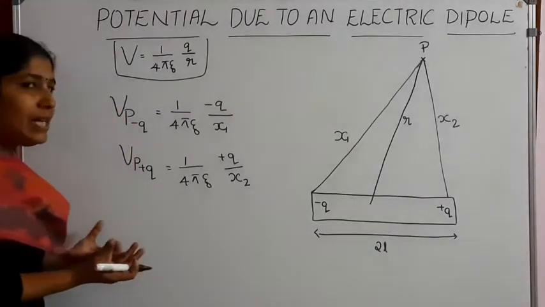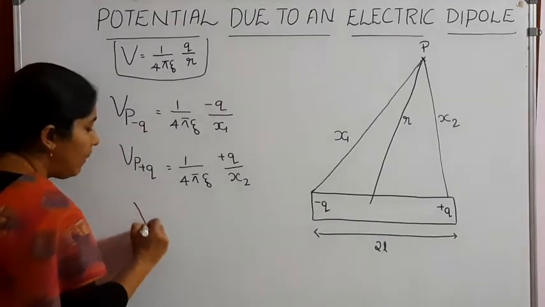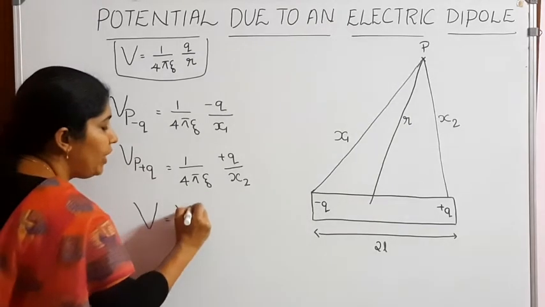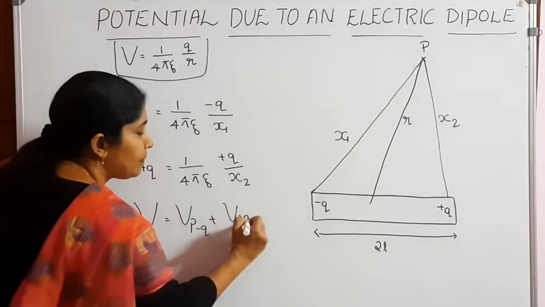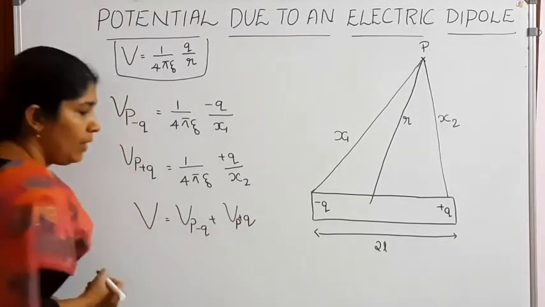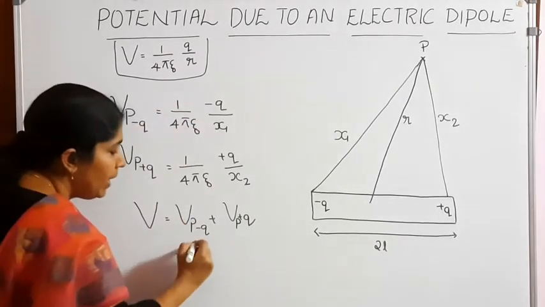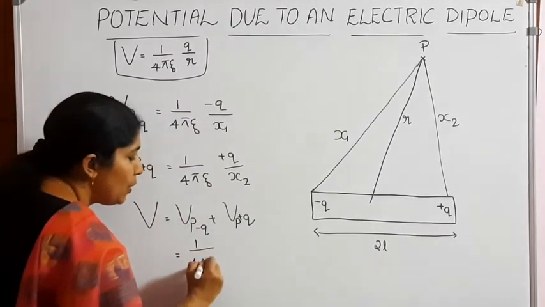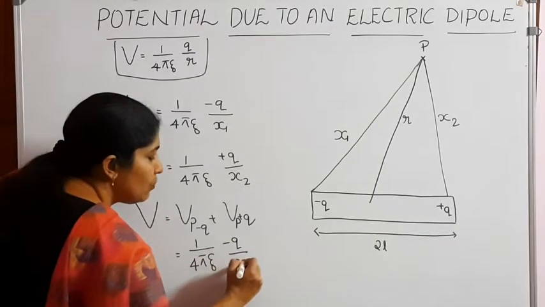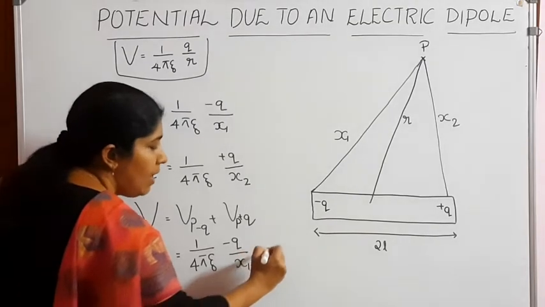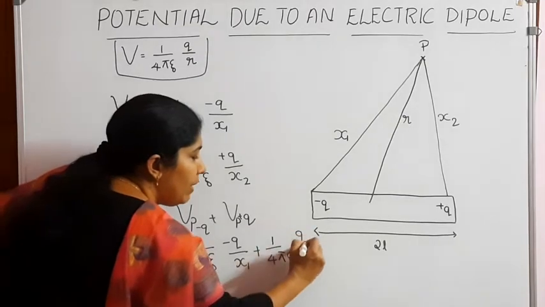Both these potentials are scalar, so we add these two. Total potential V is equal to Vp due to minus q plus Vp due to plus q. Now we substitute these values: 1 by 4 pi epsilon 0 into minus q divided by x1 plus 1 by 4 pi epsilon 0 into q divided by x2.